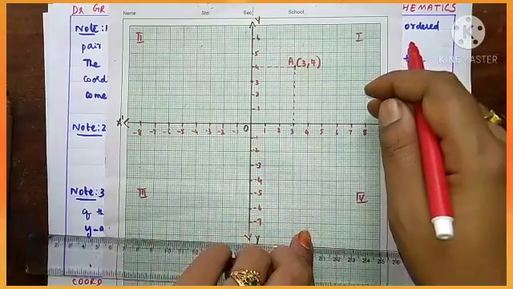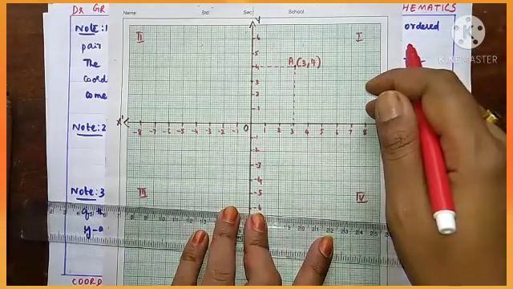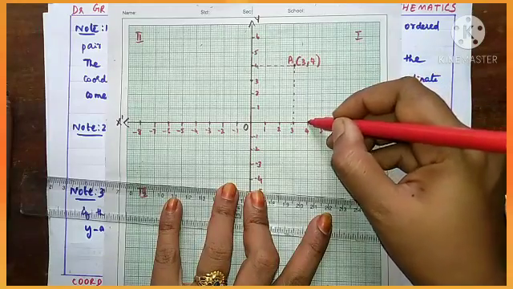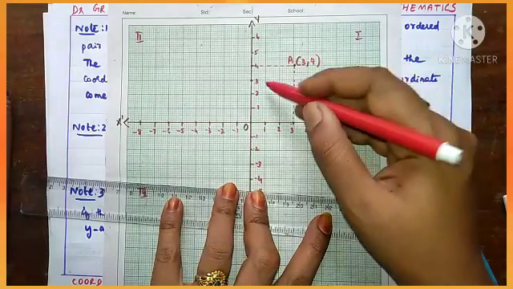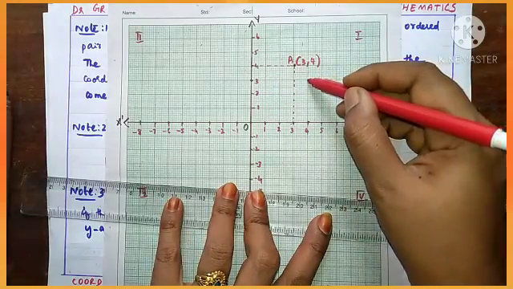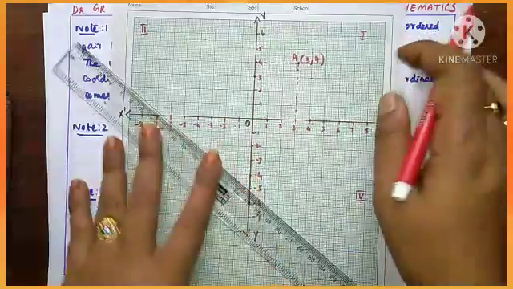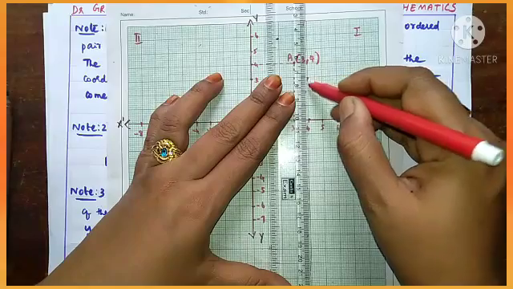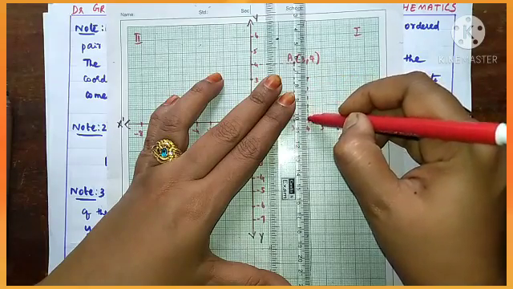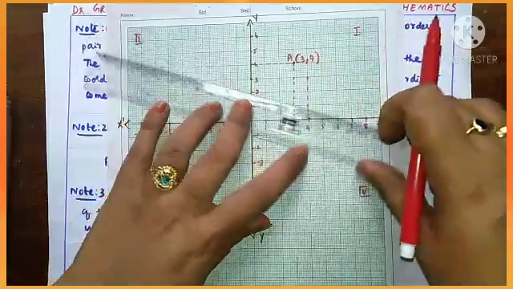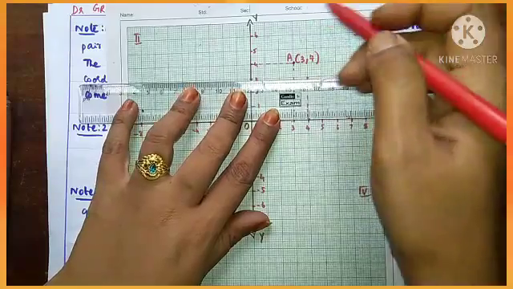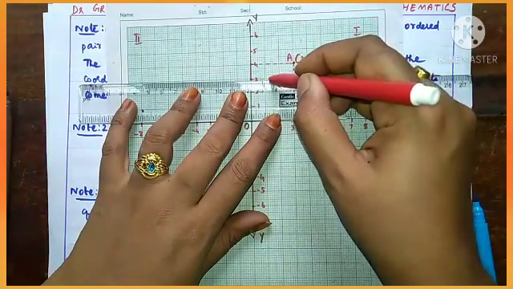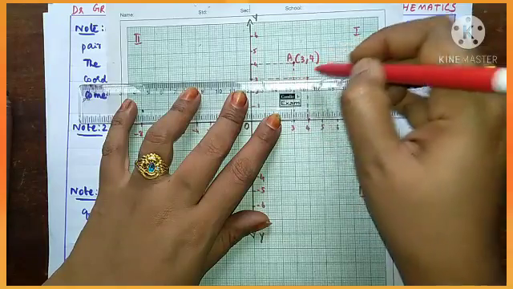Now you see how we can plot (4, 3). (4, 3) means the x value is 4 and the y value is 3. So this is the meeting place. You can use a ruler also. So this is 3 units from the x-axis and 4 units from the y-axis.